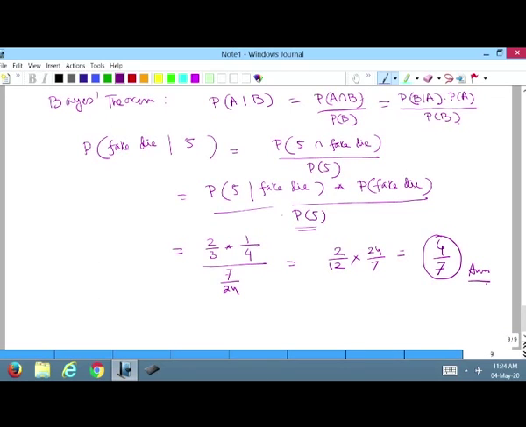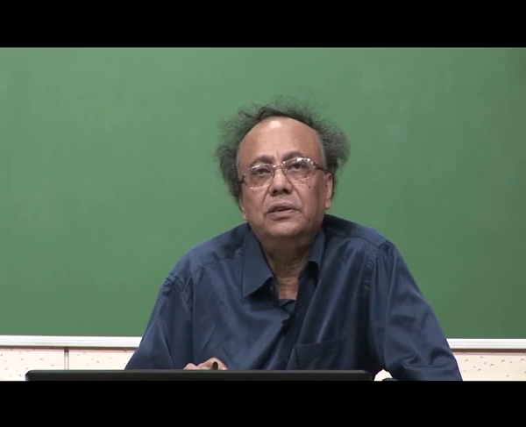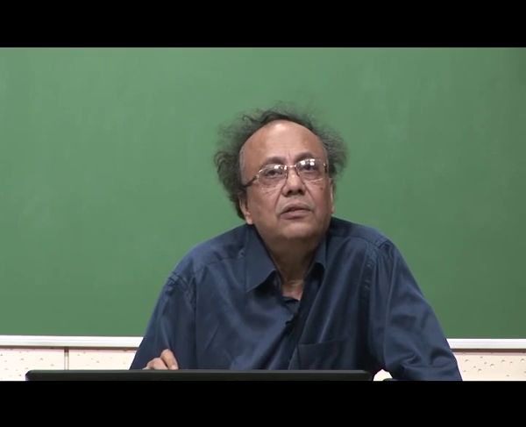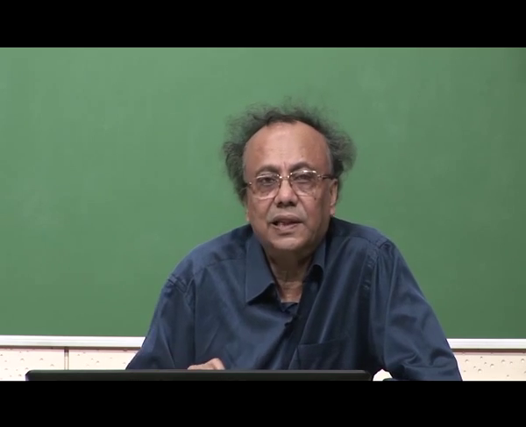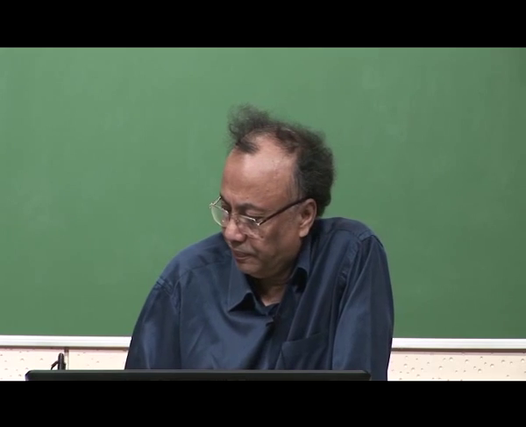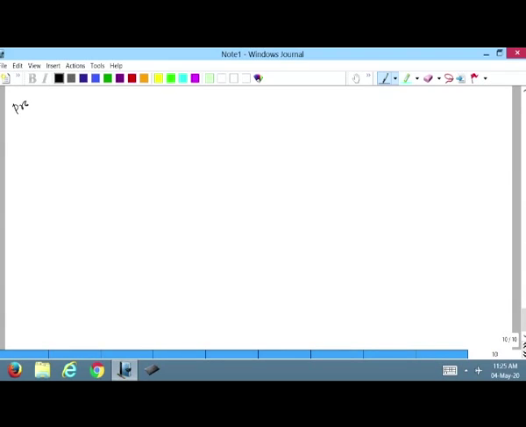Now, you have to remember that we got probability of 5 by considering all the disjoint events that result in 5, and then we have added over that, the same way we have done in the previous problem. Let us now consider another problem.